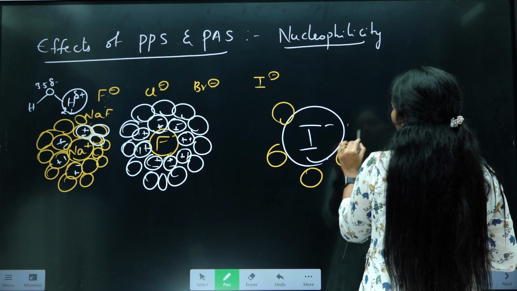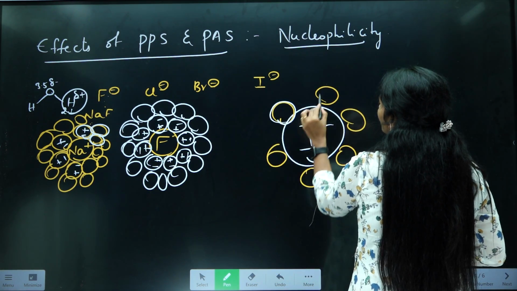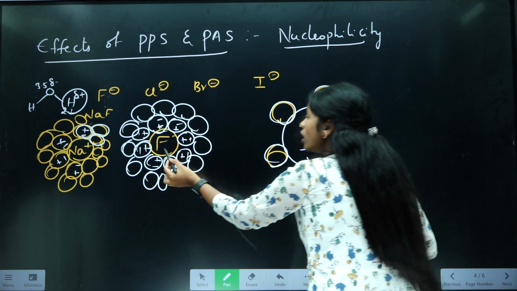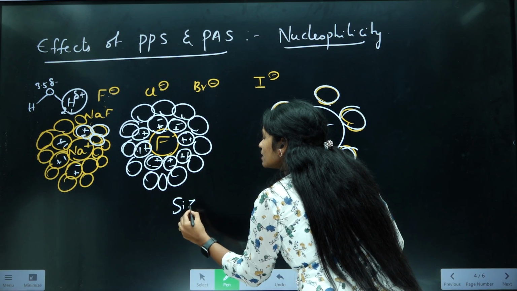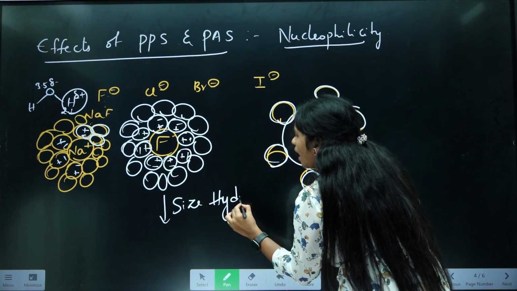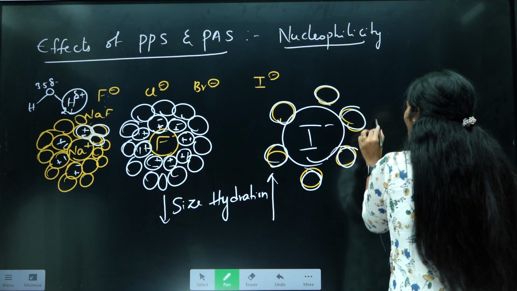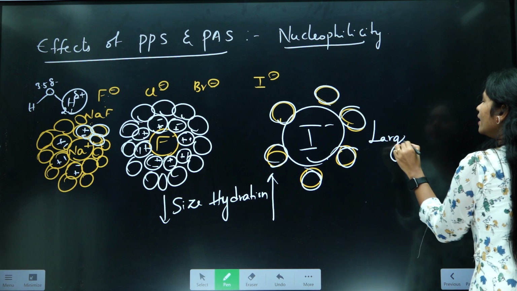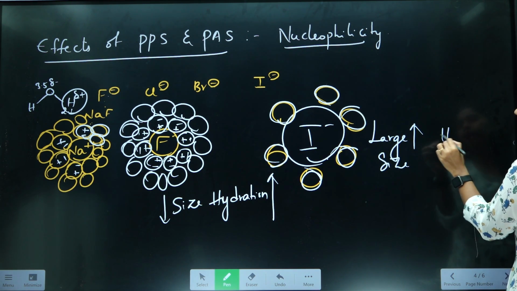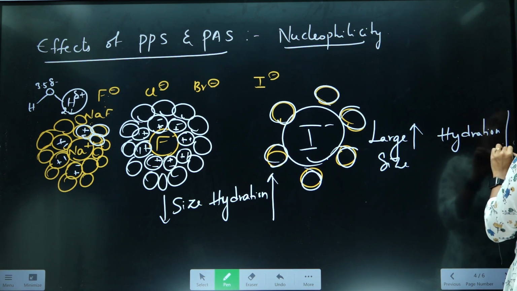For the small fluoride ion, all the water molecules surround it, so hydration is more. For the large anion, hydration is less.